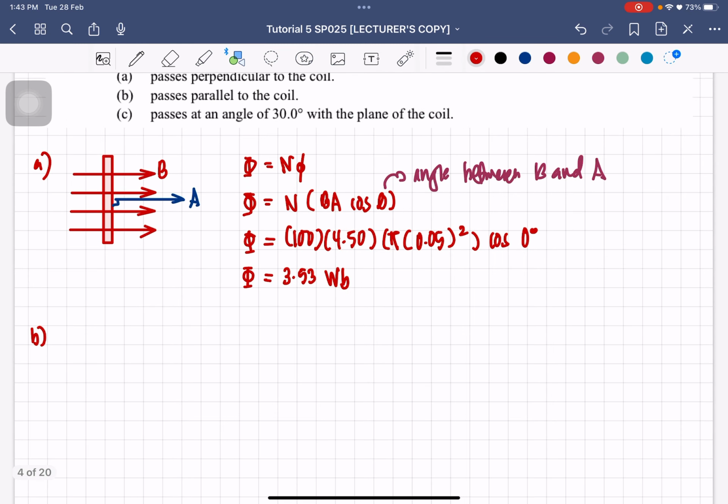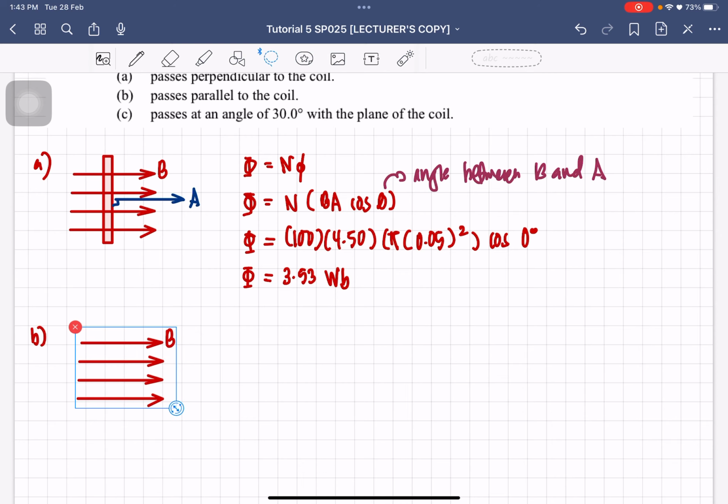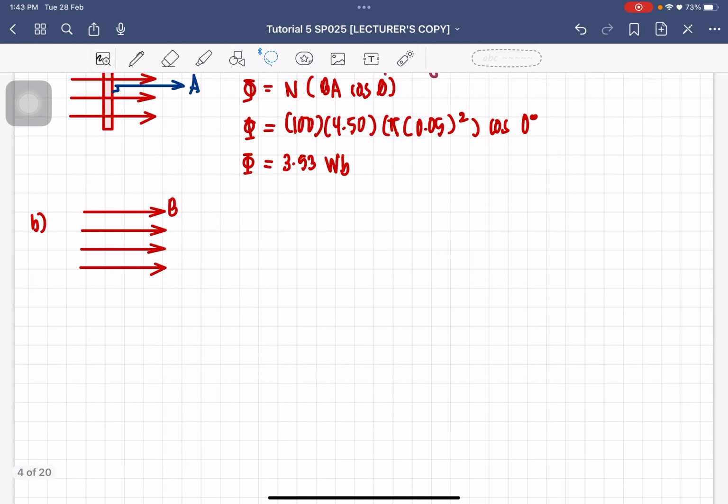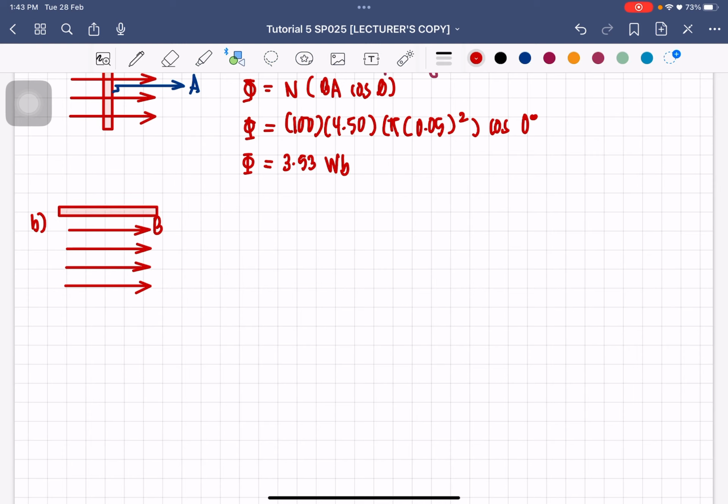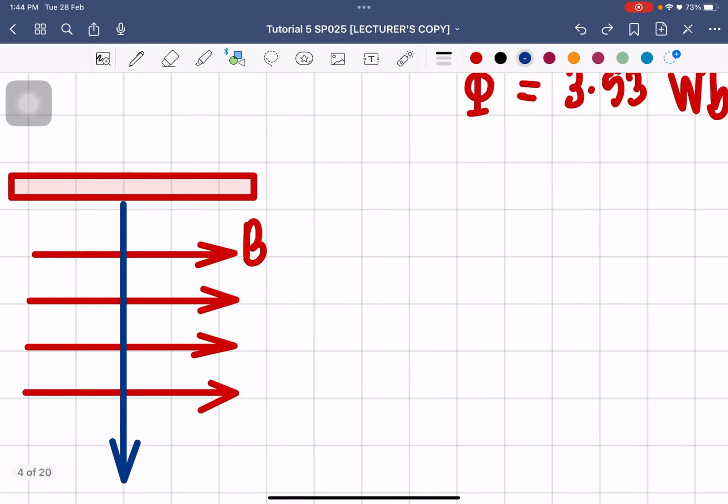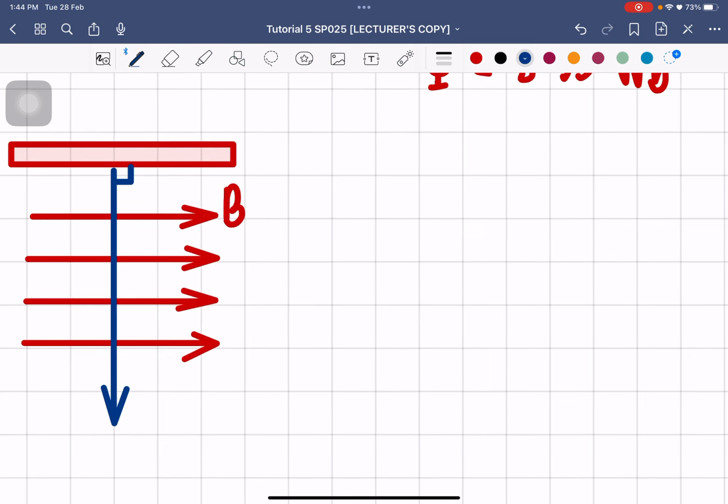So again, we have this magnetic field here. Okay, so now our coil is parallel to the magnetic field. Let me just draw it as a rectangle. Okay, so this is our circular coil, and then remember that the vector A will always be perpendicular to the surface, or normal to the surface, another name for it.